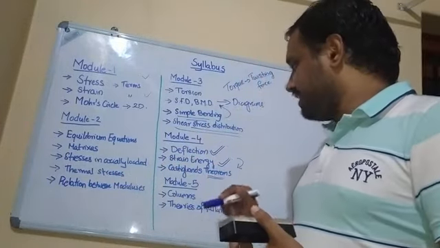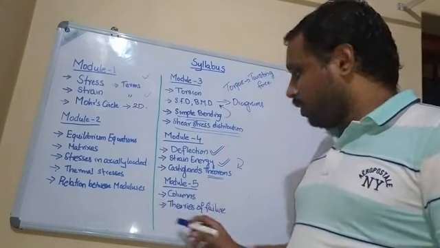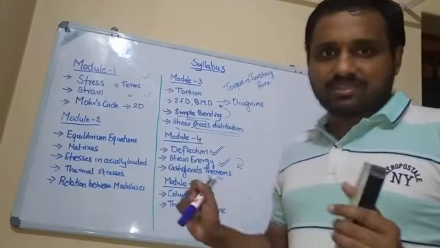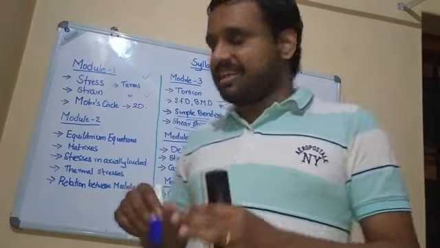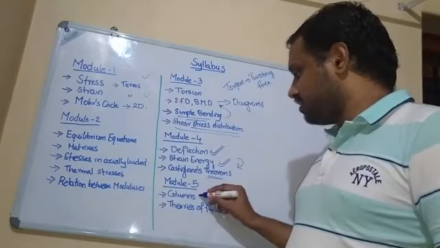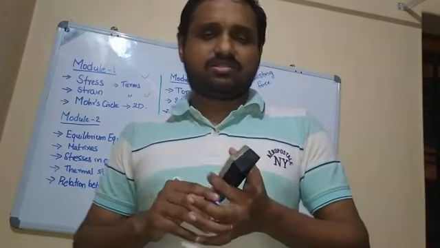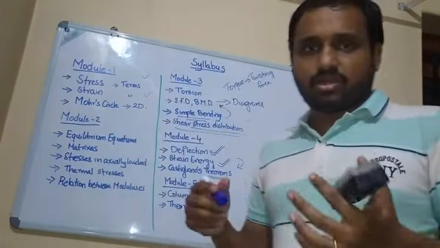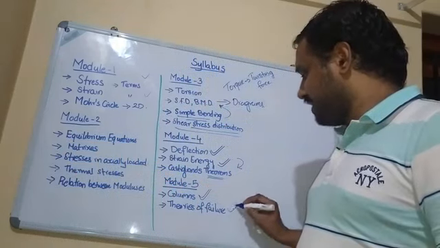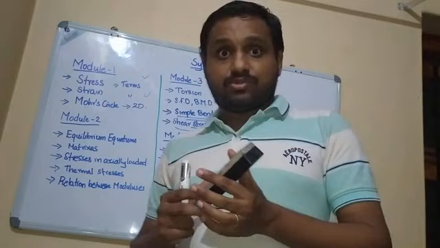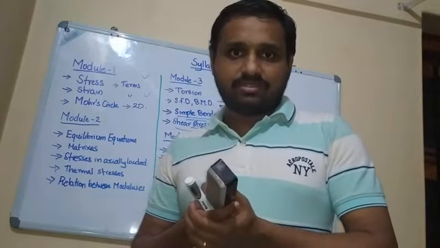And the final module, it's not a small module. I just represented only these 2 points, that's all. Basically you have columns here. These column problems are somewhat simple, not a big deal. And theories of failure. Theories of failure is a fresh topic for mechanics of solids students.